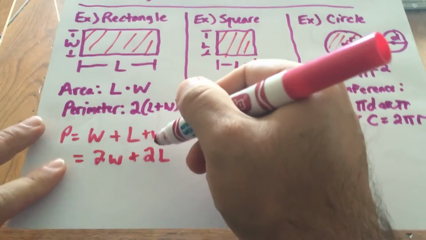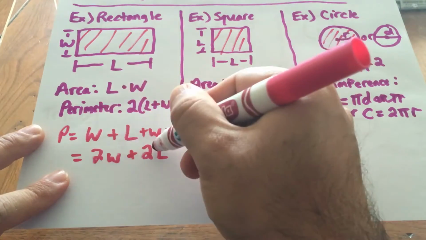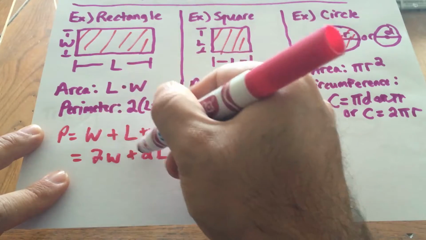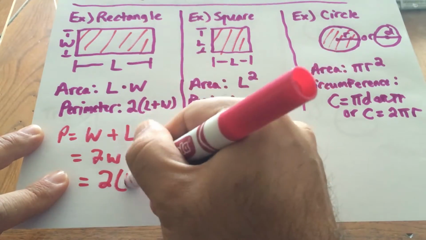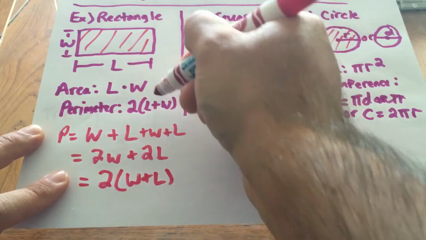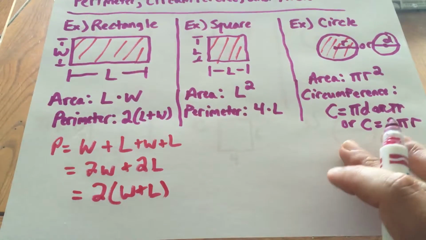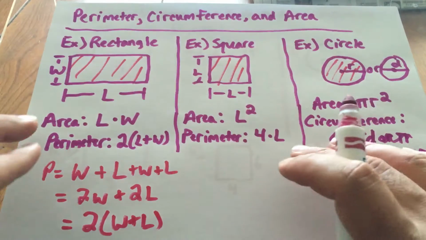And as you remember from Algebra 1, we can factor out a 2 if we want to, and that's where this formula is coming from: 2 times W plus L, or L plus W, it doesn't matter which order if you're adding.